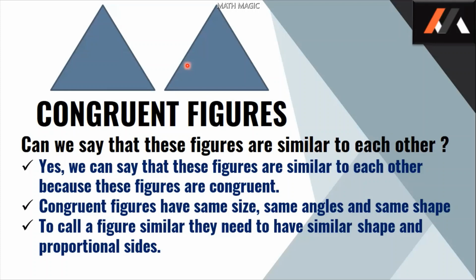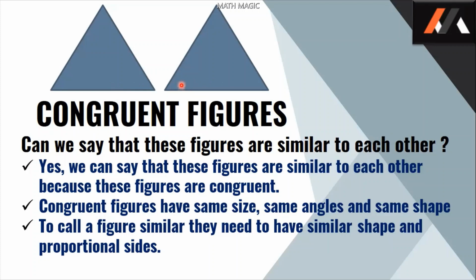Being equilateral triangles, I can even say that both these triangles have equal dimensions because they are also congruent figures. Now, to call a figure similar, they need to have similar shape and proportional sides. These both are triangles, so of course they have the similar shape.